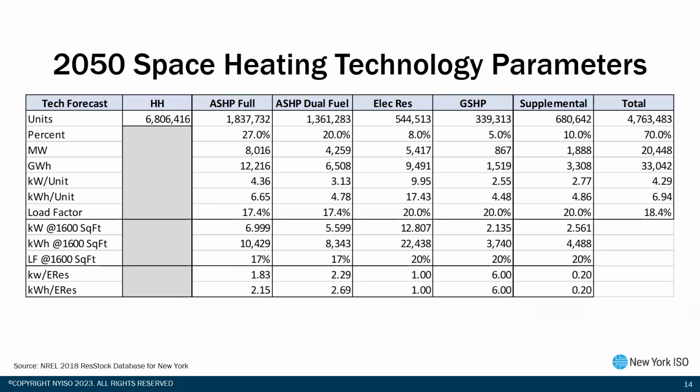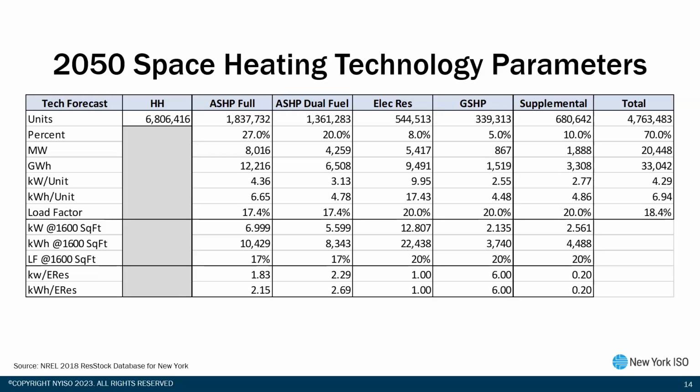So if the home needed 15 tons, if it needed 10 tons, whatever, 27% of the homes had full capacity air source heat pump, no supplemental heat required. 20% of the homes would require some dual fuel because the heat pump was not sized for the full load. 8% of the homes just installed all baseboard electric or electric furnaces, so they did not go the heat pump route. 5% of the homes had ground source heat pumps, and then half of the homes with dual fuel had supplemental resistance heating. The other half of them would use gas.